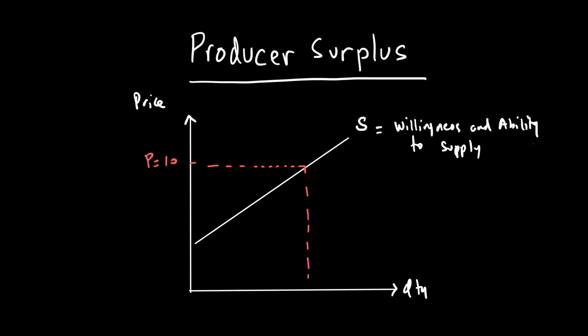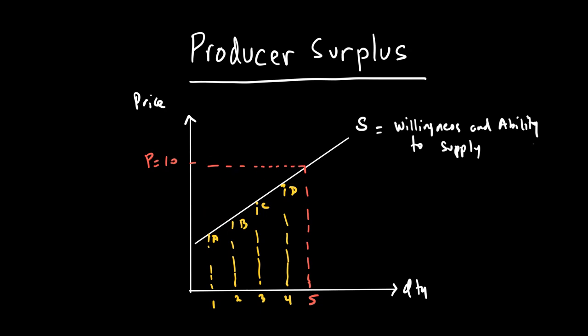Now let's say the market price is, for example, $10, and let's say the quantity that is being sold is 5. So for this producer, except for the 5th unit, the last unit sold, for each other unit, the first, the second, the third, the fourth, what he's willing to supply the good for, which is this point and this point and so on, let's call these points A, B, C and D, all of these points are lower than the market price.